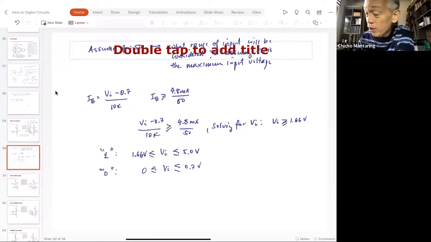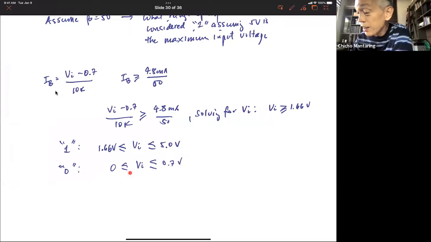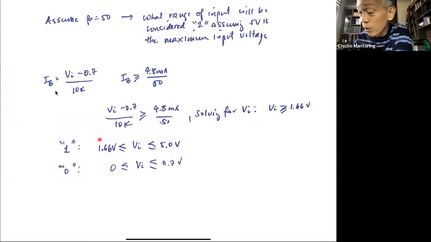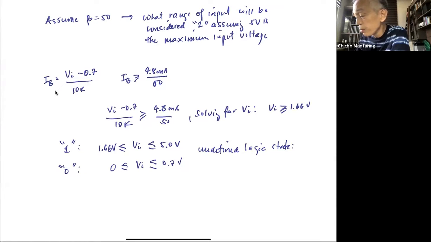Basically, ang magiging undefined logic state ko in this particular case is anything from 0.7 to 1.66 volts.